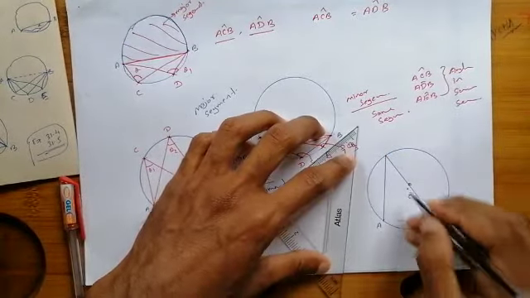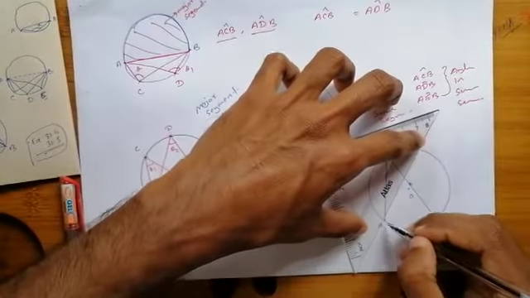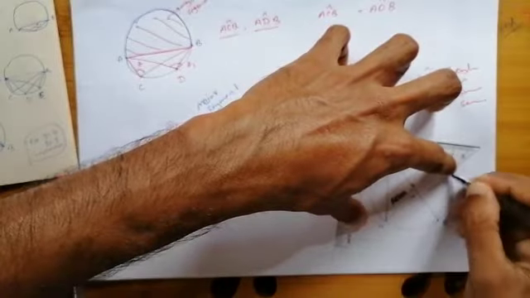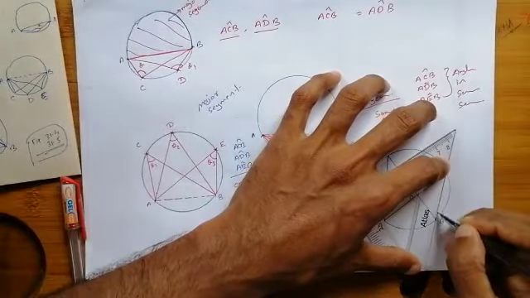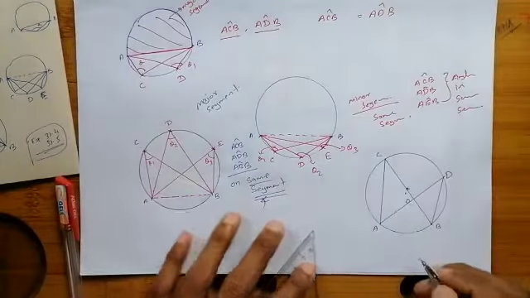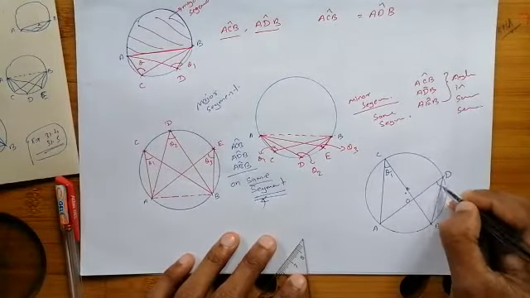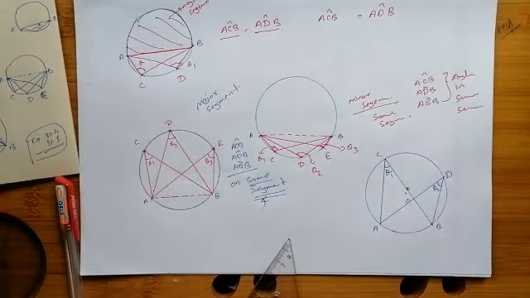Okay, we'll subtend two angles C, and we'll subtend another angle here, D. So this is theta 1 and this is theta 2.